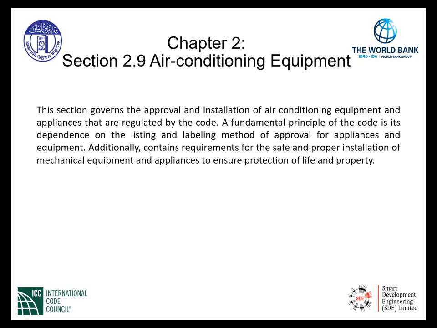Additionally, this section contains requirements for the safe and proper installation of mechanical equipment and appliances to ensure protection of life and property. We will go over specific equipment, key requirements of this code for specific equipment and appliances.